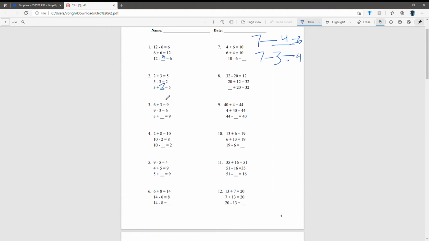But if you don't want to look up there, all you have to do is rewrite it as 5 minus 3. You should get 2, and whatever this number is, that's your answer here. So that's how you do the first part.